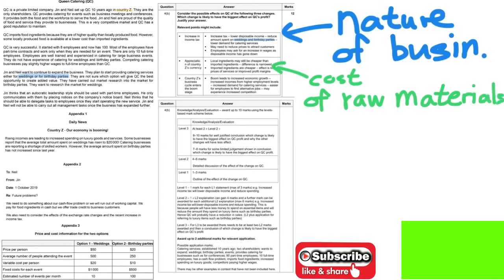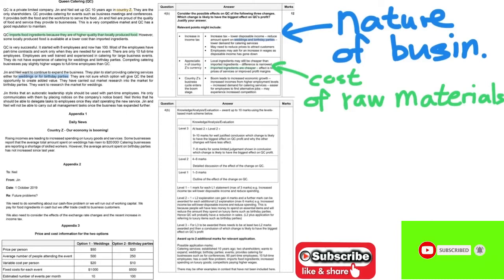In the case, it talks about their raw materials, they get it from import, because they are higher quality. So of course, the appreciation would make the imported ingredients cheaper, right? So that's the effect.